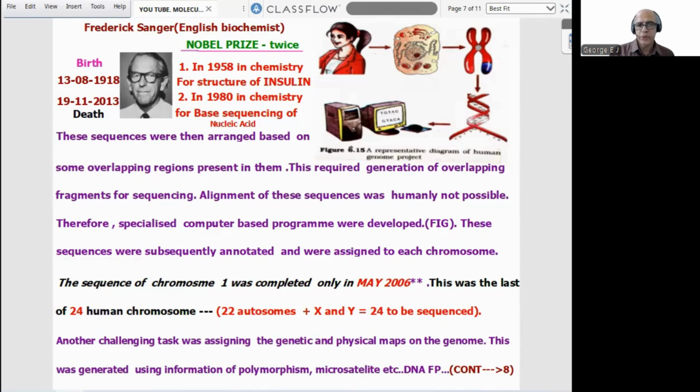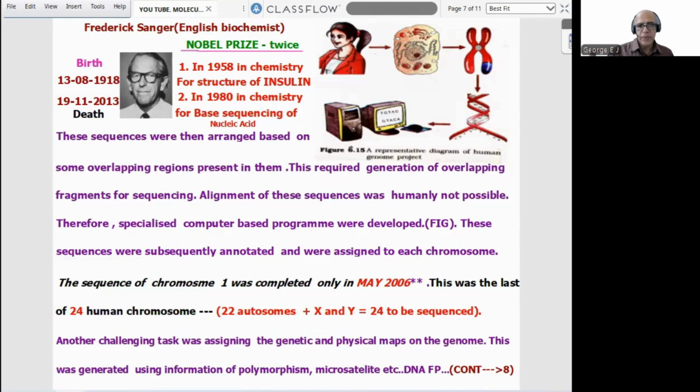Scientists very rarely receive it twice in their field. Both were in chemistry, but connected with biology. In 1958, the first Nobel Prize was in chemistry for the structure of insulin, the famous chemical. The second Nobel Prize, in 1980, was in chemistry for base sequencing of DNA or nucleic acid. That is what the sequencer developed. Such a famous scientist, Frederick Sanger.